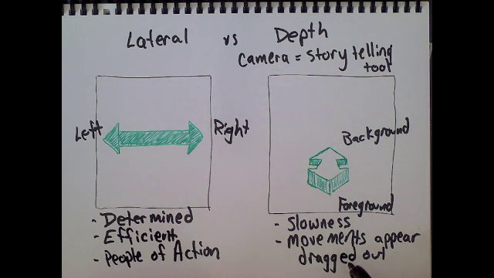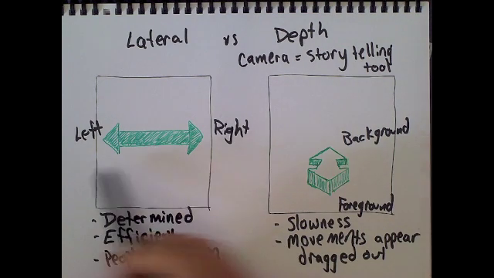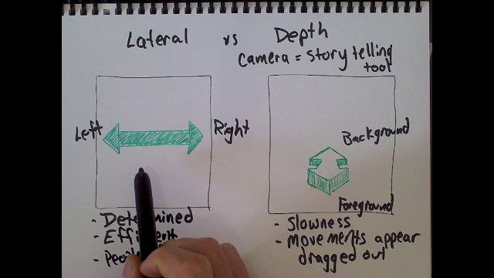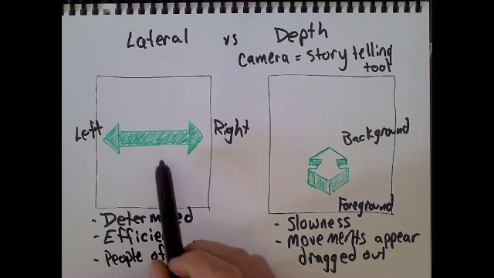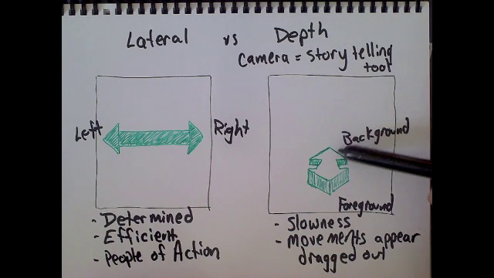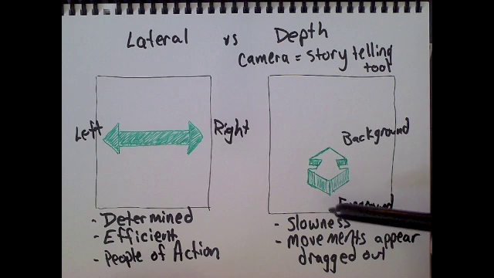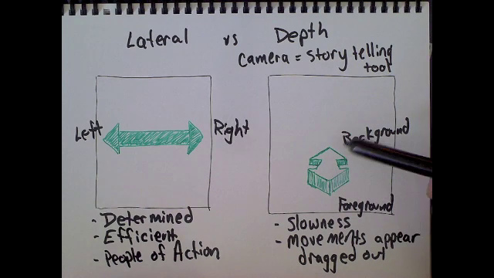For instance, if the story calls for somebody to walk across the desert, they're filmed moving laterally, their progression across the desert would appear much more efficient and determined, a person of action. However, if the character is seen walking through the desert and they're meandering from the foreground to the background, then that is seen as a very slow and possibly detrimental or difficult journey.